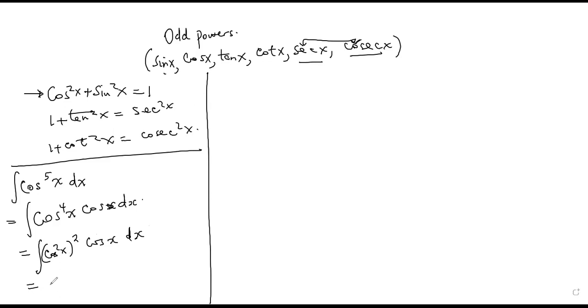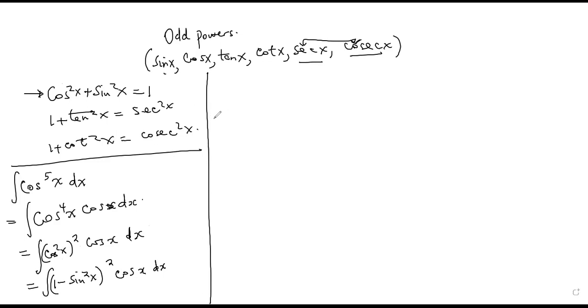So this is the same as the integral where cos squared x is 1 minus sine squared x. Using this property, we can make cos squared x the subject, everything squared, then times cos x dx.